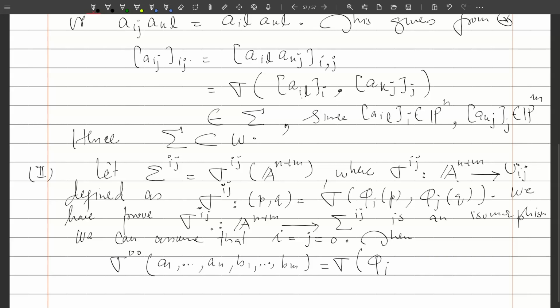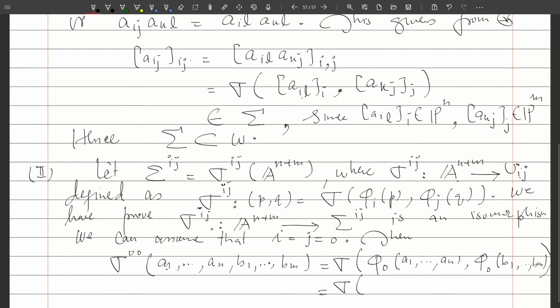Now phi of p is the tuple a1 up to an. This is not phi, this is phi 0, because i is 0. So phi 0 of a1 up to an, comma phi 0 of b1 up to bm.